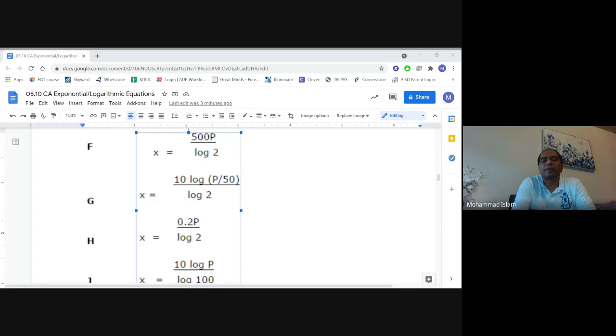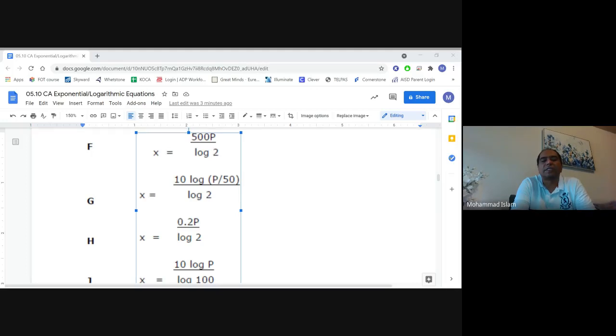Once I get to this point, now what do I need to do? Once I have come this far, this 10 I need to get rid of. So I multiply both sides by 10. And when you multiply by 10, make sure it is outside the log.